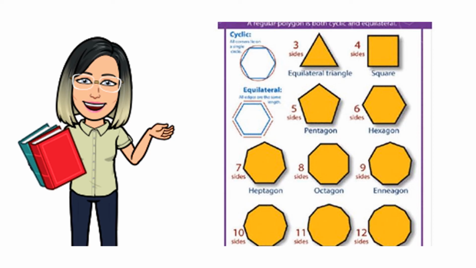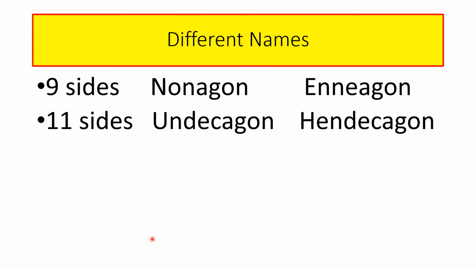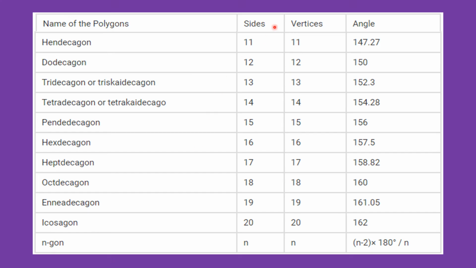We have also the following figures for our polygon. So we have different names. 9 sides, they call it nonagon. In other books, enneagon. 11 sides, they call it undecagon. In other books, they use hendecagon. So for 11 sides, we have hendecagon or undecagon. For 12 sides, we have dodecagon.